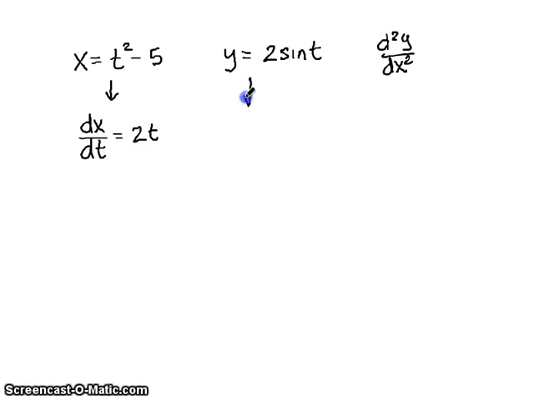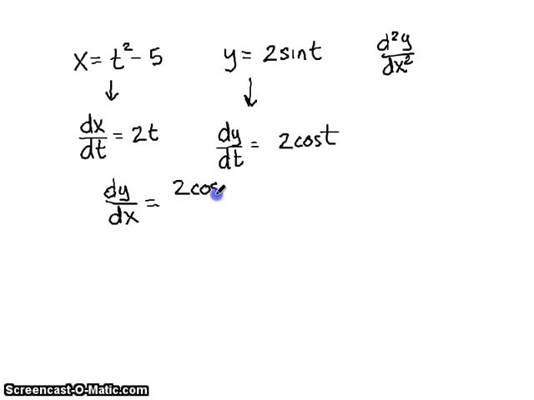We have to take the derivative of the y component, dy dt, so that's going to be 2 cosine of t. And in order to get our dy dx, we have to say dy dt divided by dx dt. So we get 2 cosine t over 2t, which is just cosine of t over t. So there's our first derivative.